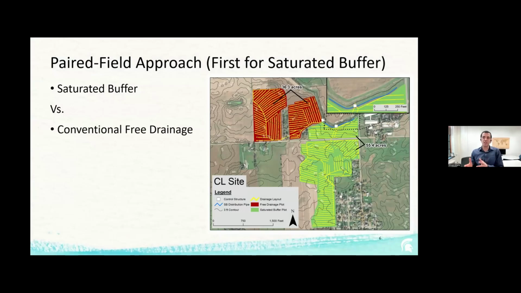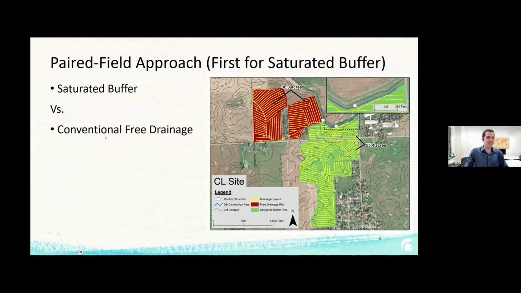The conventional free drainage was our control, just like in other experiments where you have a control, like no-till versus conventional tillage. So we have a control that we can compare to, which in this case is a conventional free drainage system. This had not been done in the past, but it has tremendous benefits, and this unveils all of the secrets of saturated buffers.